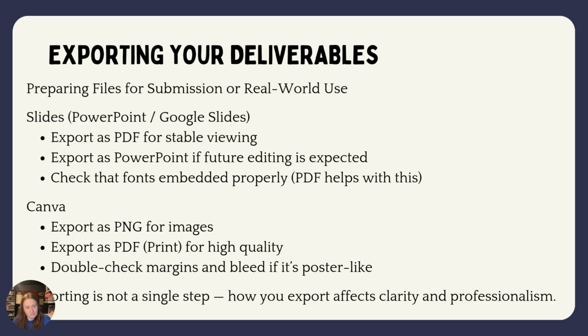Something that you've created in Canva, your images you want to export probably as a PNG. If you're going to be emailing them or putting them on a website or social media, the image file is going to be the best. If you're going to be printing, a PDF is a good option. You can also export as a PowerPoint file if you've created a presentation there.